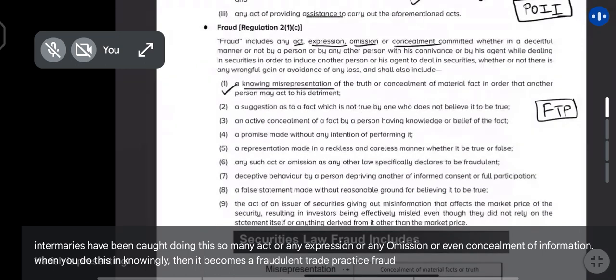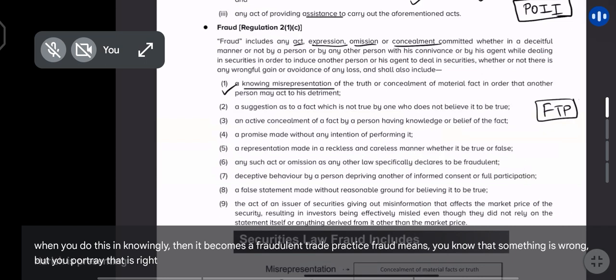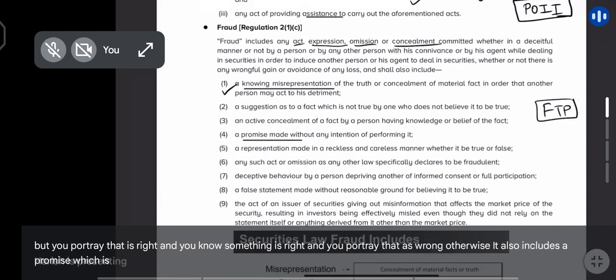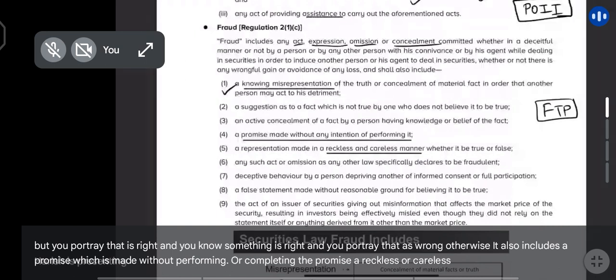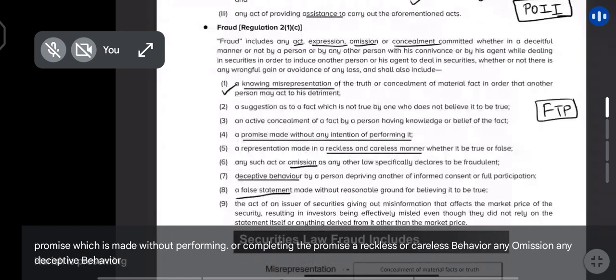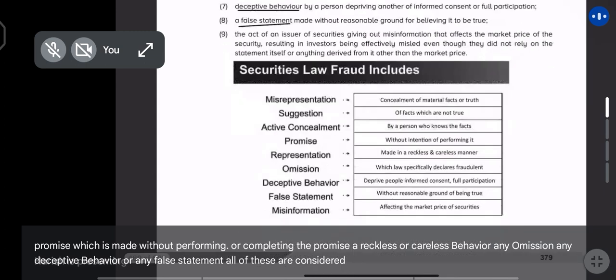Fraud means you know that something is wrong, but you portray that as right, and you know something is right and you portray that as wrong. Otherwise, it also includes a promise which is made without performing or completing the promise, a reckless or careless behavior, any omission, any deceptive behavior, or any false statement. All of these are considered fraud.